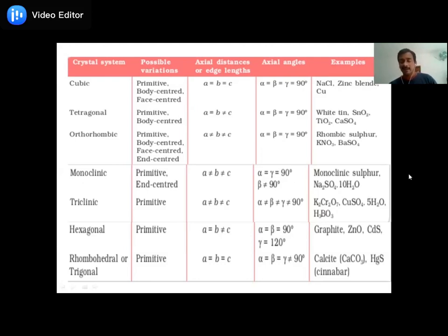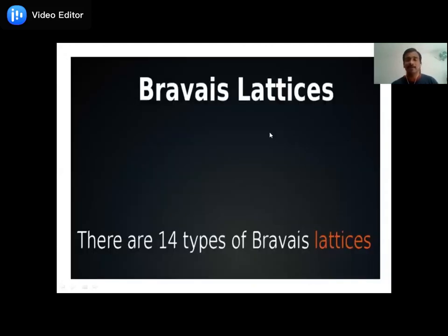That we can see in the next slide, known as Bravais lattices. There are 14 types of Bravais lattices. 7 crystal systems are present, but within these 7 crystal systems, different arrangements are possible. Already we discussed there are two types, primitive and centered unit cells.